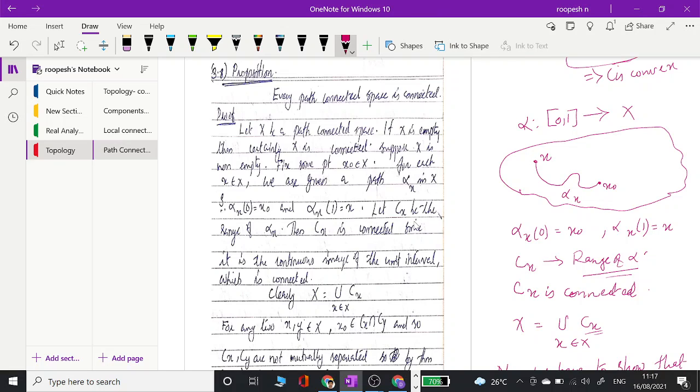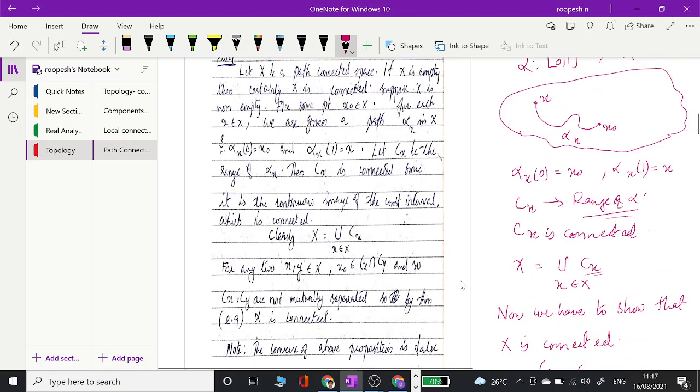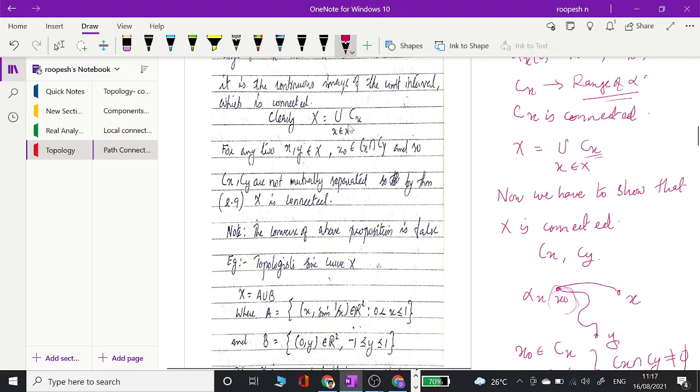Let Cx be the range of alpha x. Then Cx is connected since it is the continuous image of the unit interval, which is connected. Then clearly we get X equal to the union over x belonging to X of Cx.